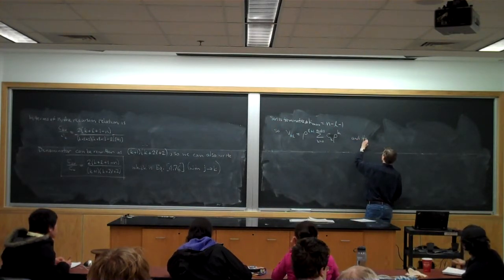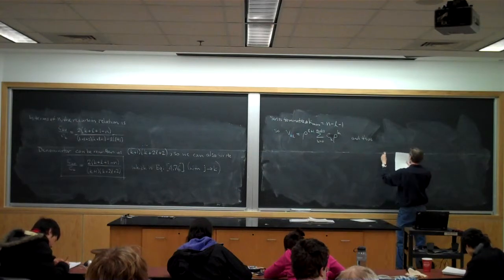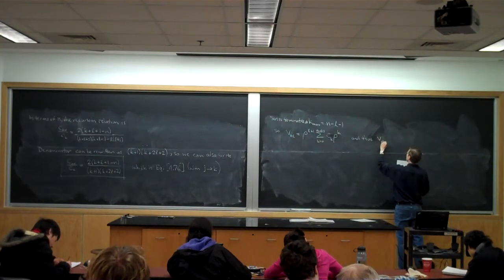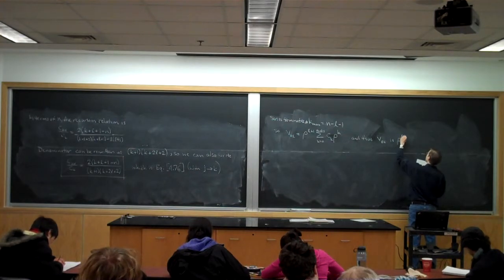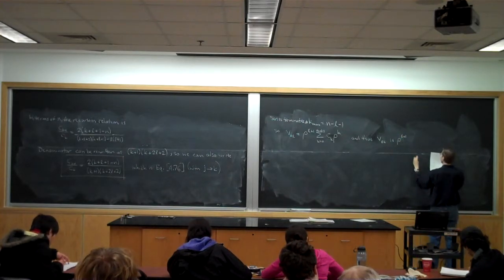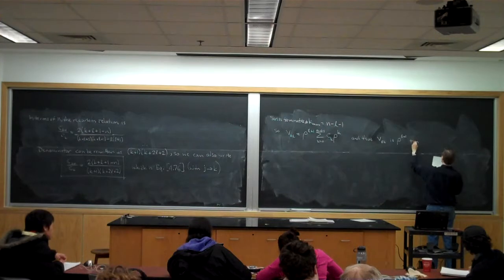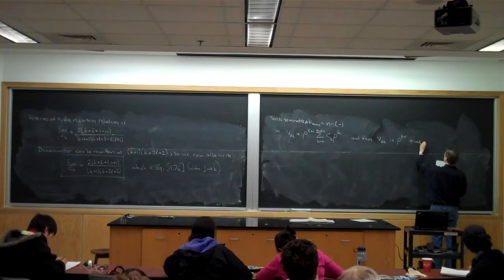And thus v_l is rho to the l plus 1 times a polynomial of degree n minus l minus 1.